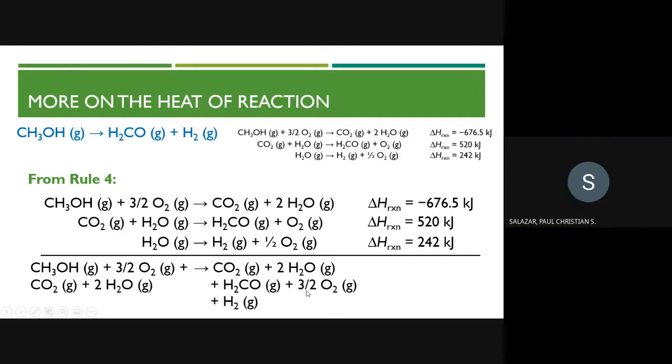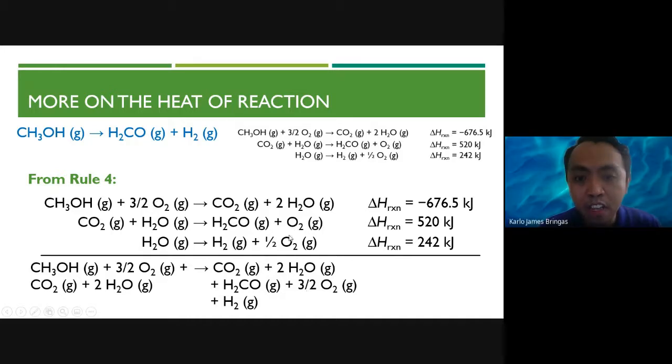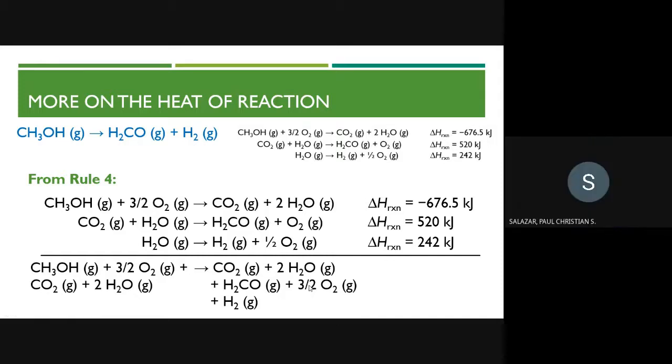So you just combined the second and third. Yes, all the oxygen, I just added them together. 1 oxygen plus 1 half oxygen gives me 3 halves oxygen. So you combine the reactants with all the reactants and the products with all the products.